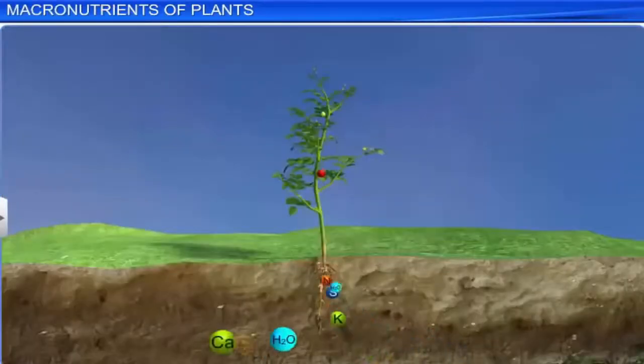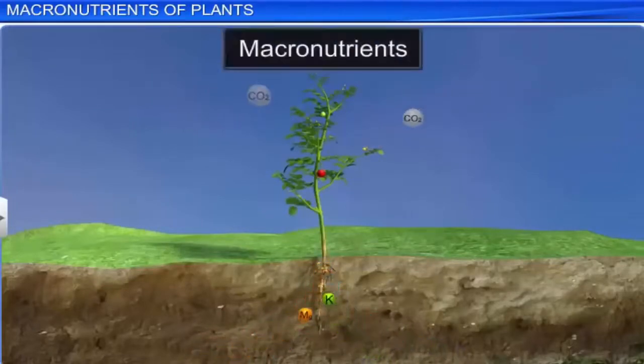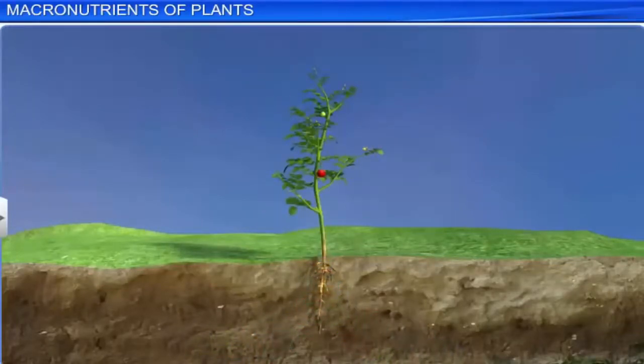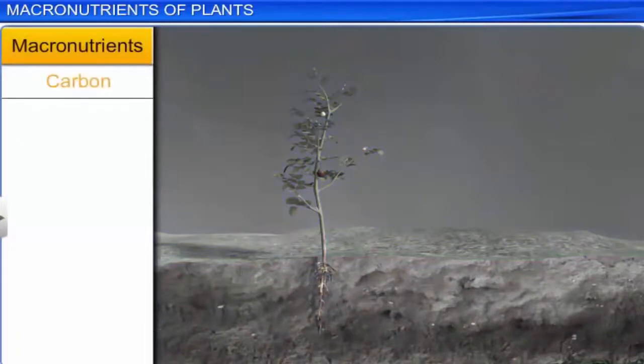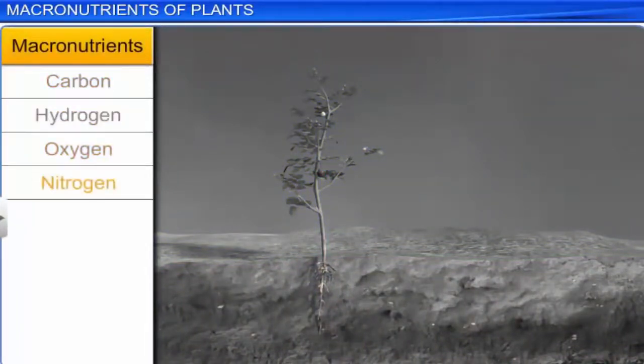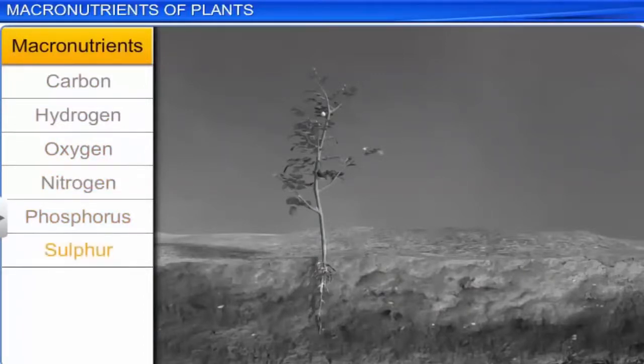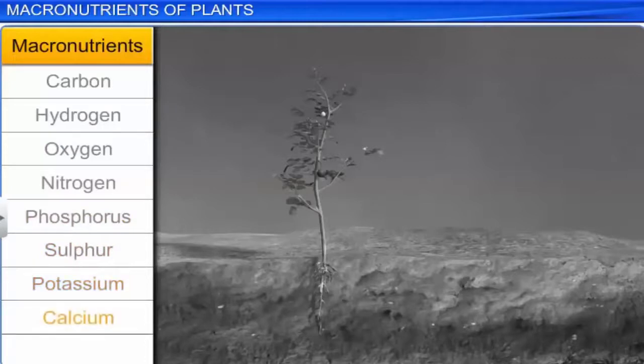The elements that are required by plants in large amounts are called macronutrients. Examples are carbon, hydrogen, oxygen, nitrogen, phosphorus, sulfur, potassium, calcium, and magnesium.